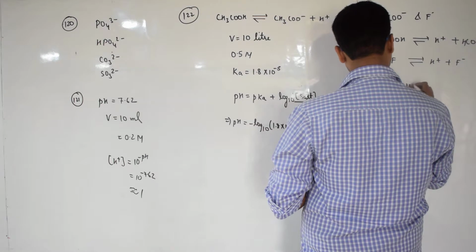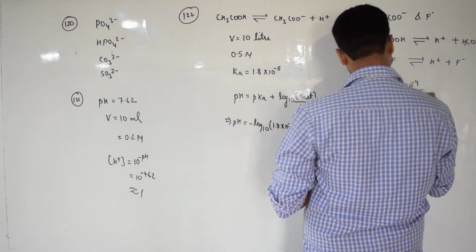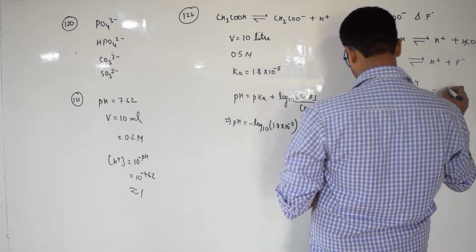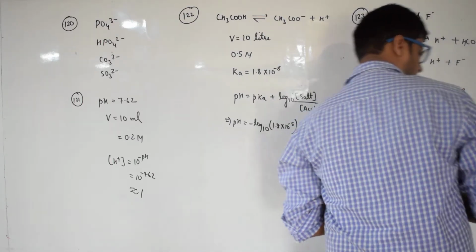Two into 10 raised power minus 4 upon 6.6 into 10 raised power minus 4, that will be equal to 1:3.3. This is question number 123.